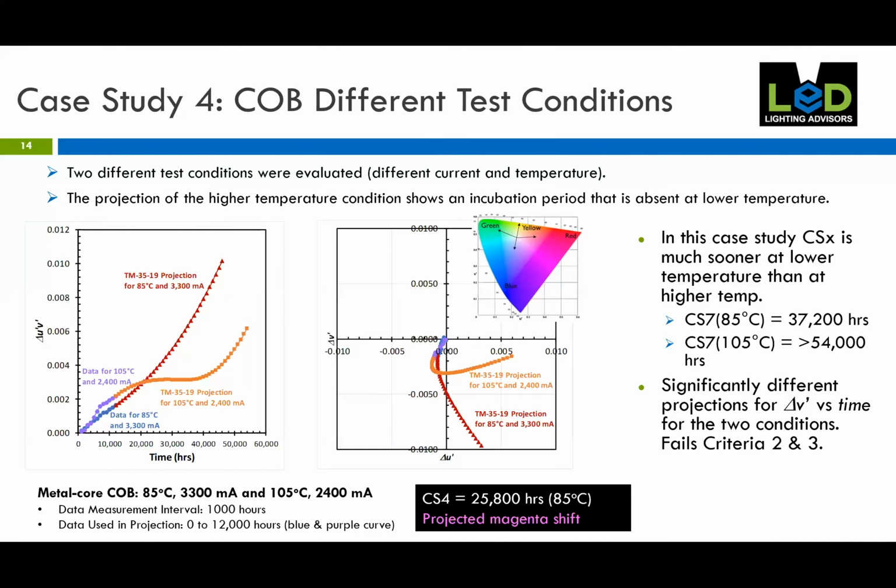So when we see a magenta shift, we know that there's something faulty in the prediction. And so the disparity in these two different shift directions for this data set for the same LED package also violates criterion 3 with behavior that doesn't make sense.